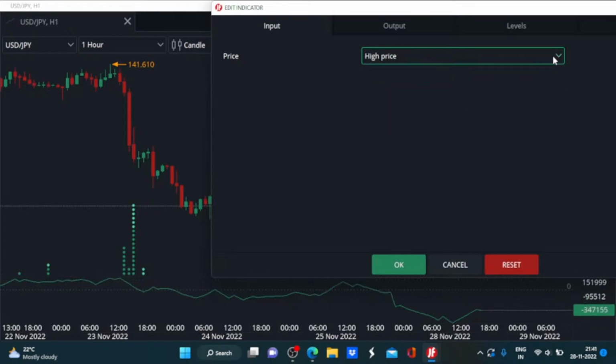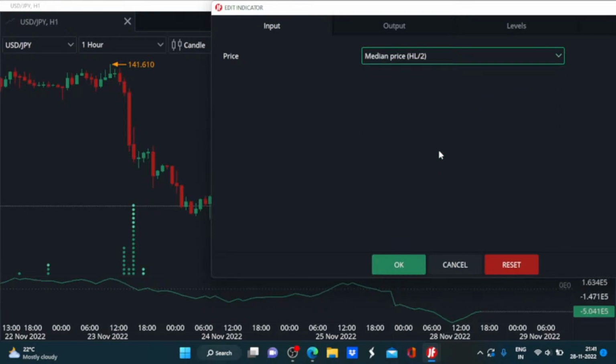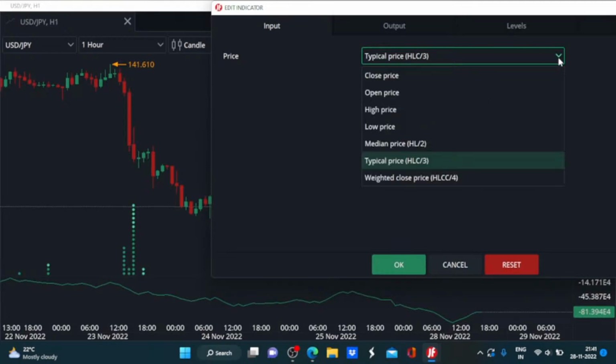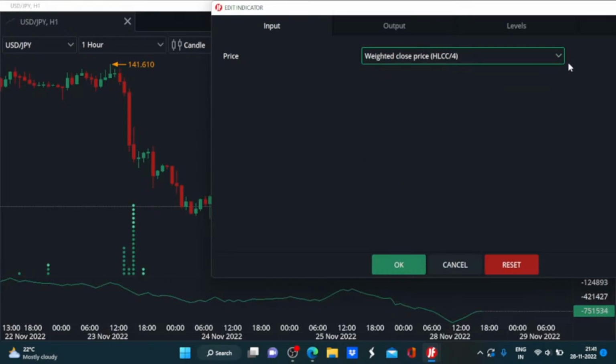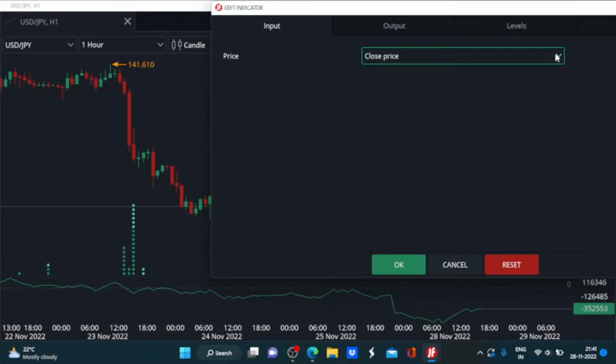Depending on what kind of applied price you use, you will have variation in the output of your OBV, because each applied price is going to have its own characteristic, and as a result of that it is going to impact this calculation.